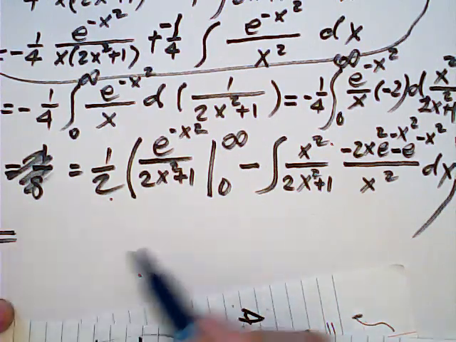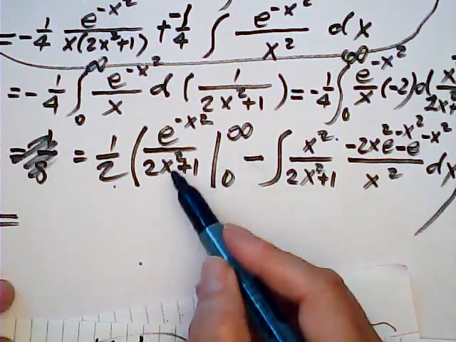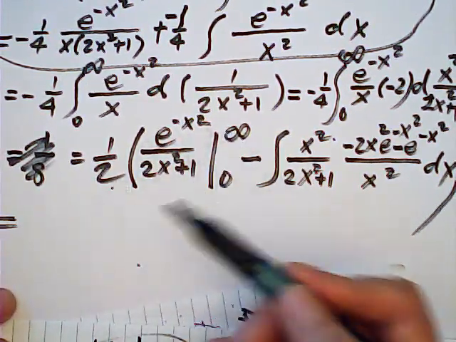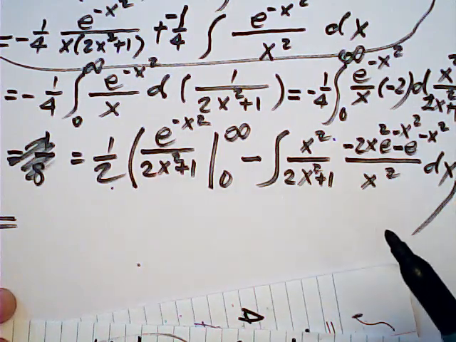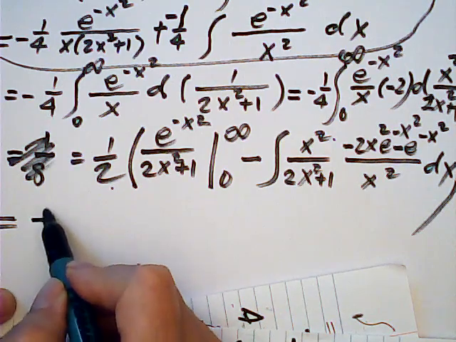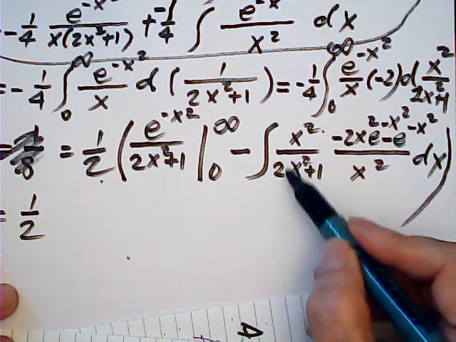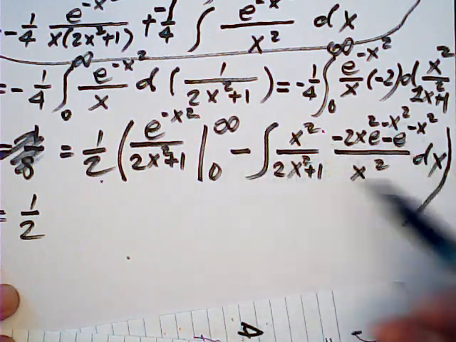That one is easy. We can use L'Hopital's rule also, it's equal to 0. So this is gone, and it equals 1/2. The negative cancels this negative. This cancels out.